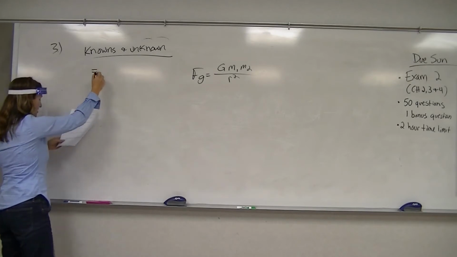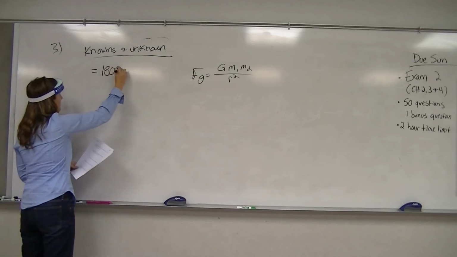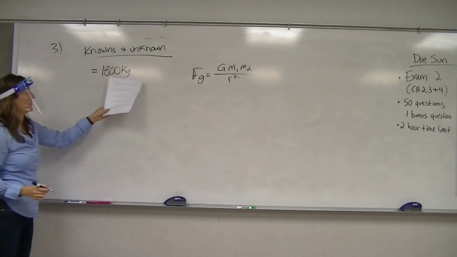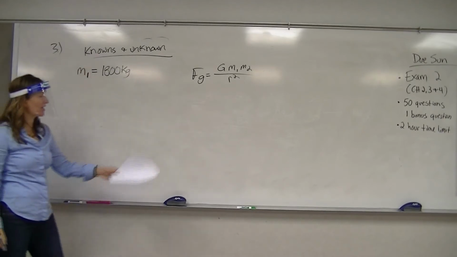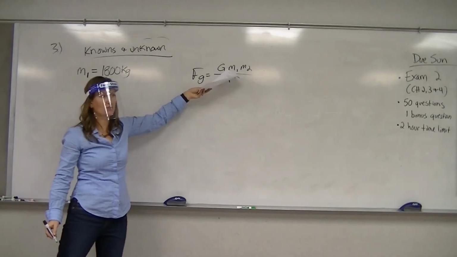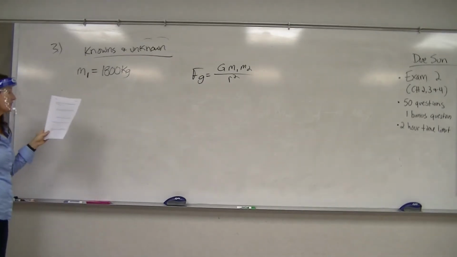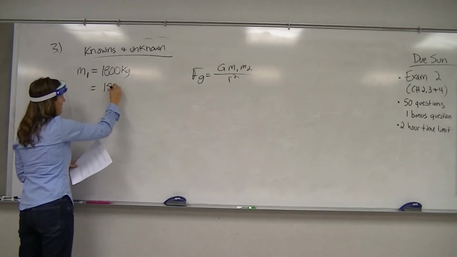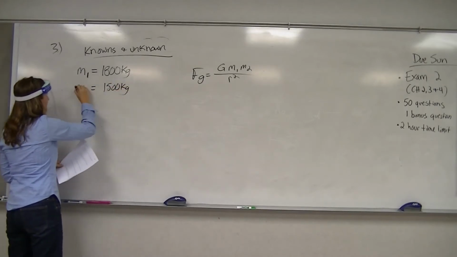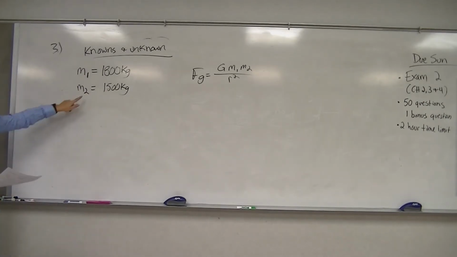So I have one vehicle with 1,800 kilograms. Kilograms being a mass. I'm going to label that M1 because I'm going to have 2 masses in this equation. So that's the key. They're giving you a second vehicle, and the mass of that vehicle is 1,500. I'm going to label that as my M2 for mass of second vehicle.